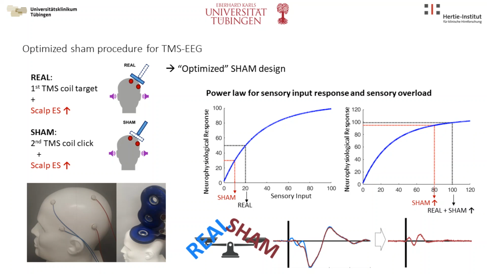That means that if we apply stimuli in a high enough intensity in both the real and the sham conditions, whichever difference in the perception there is would not cause a significantly different neurophysiological response. In this case, then, the response from the sensory input from the sham and the real TMS will be statistically equal.